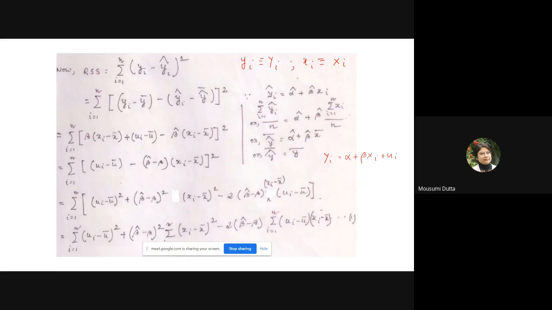Then summation yi. The normal equation is in terms of the residual, not in terms of the error.